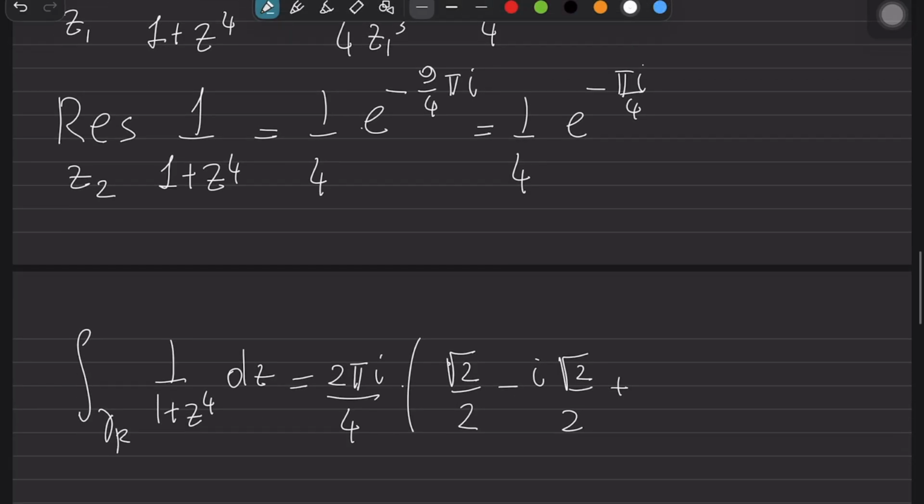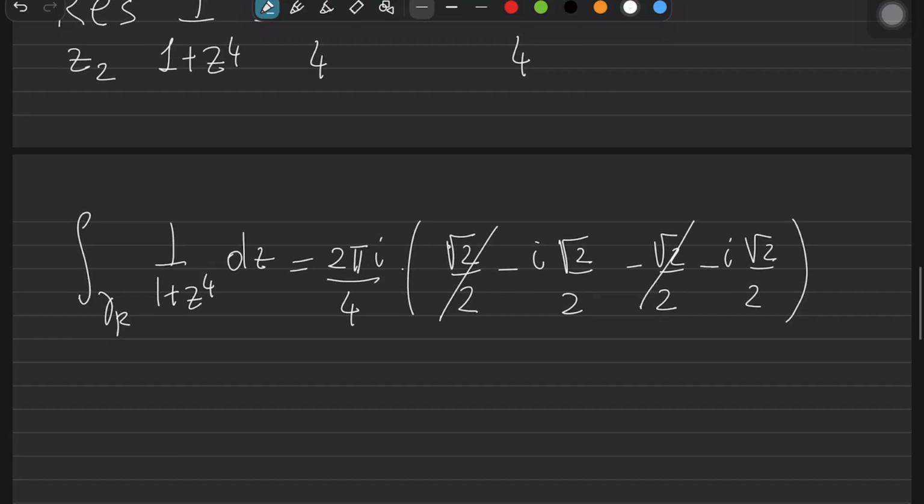So in this case, we get minus square root of 2 over 2, minus i, square root of 2 over 2. So the real parts do simplify, which is great.